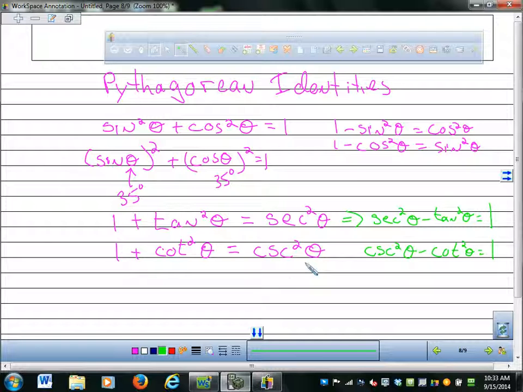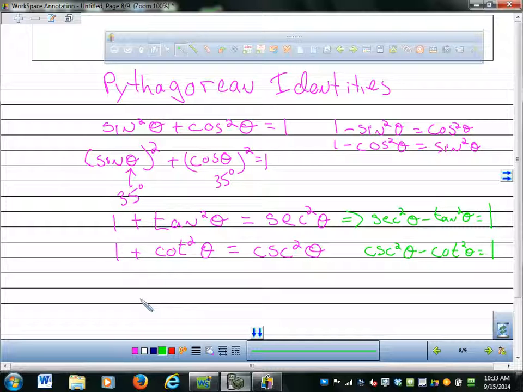I don't really have a very good way of remembering these other than the tangent goes with the secant. There's no co in front of it. And the cotangent goes with the cosecant. There's co in front of both of those. That's the only thing I could do to help you remember it.